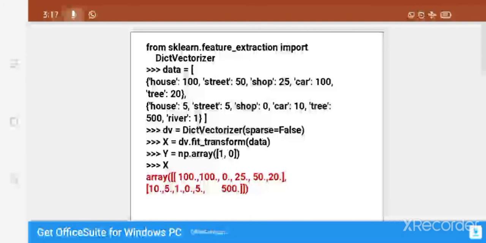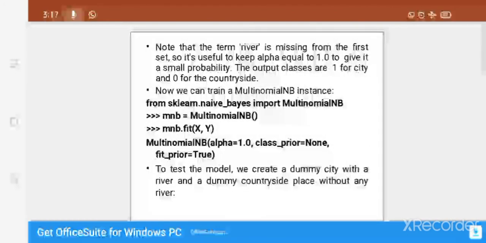So in the second data one more feature is used, that is river equals 1, and in the first it is absent, right. In that case we have to set the alpha value, because it appears in testing but not in training. Note that the term river is missing from the first set, so it's useful to keep alpha equal to 1.0 to give it a small probability.